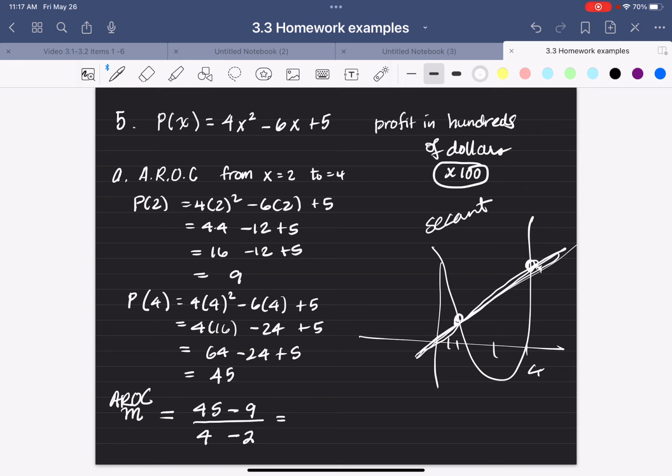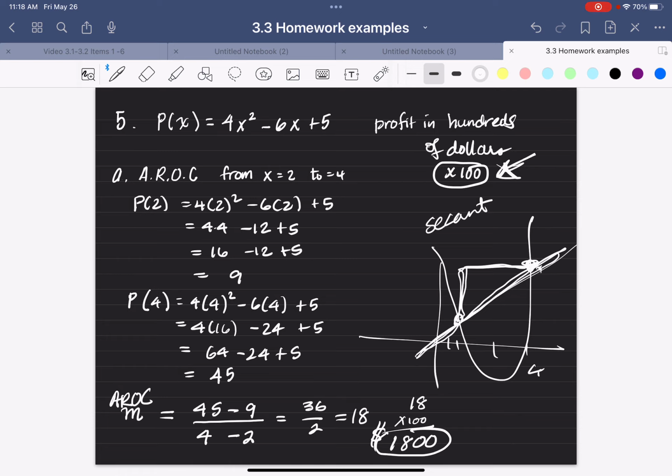That's 36 divided by 2, which is 18. Now remember, we have to multiply whatever we get by 100. So 18 times 100 is 1,800. So this is $1,800 because this is profit. Profit's in dollars for us. So it's changing by $1,800. In other words, it's $1,800 higher up there.